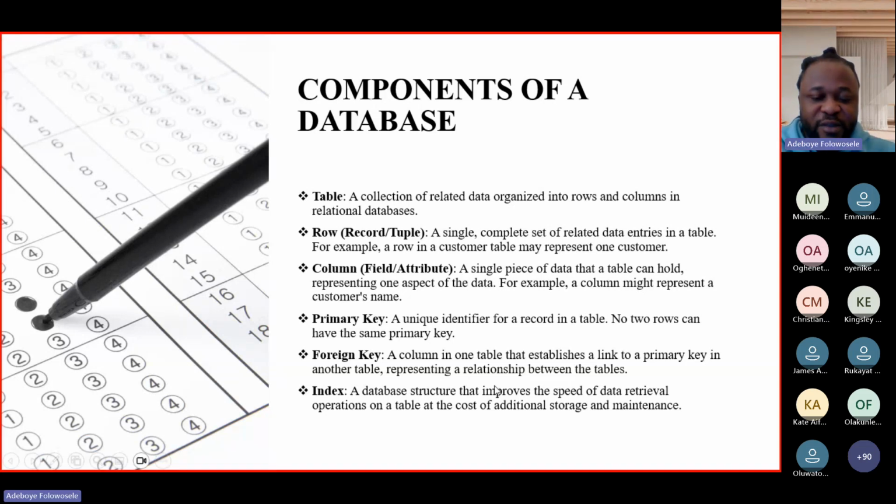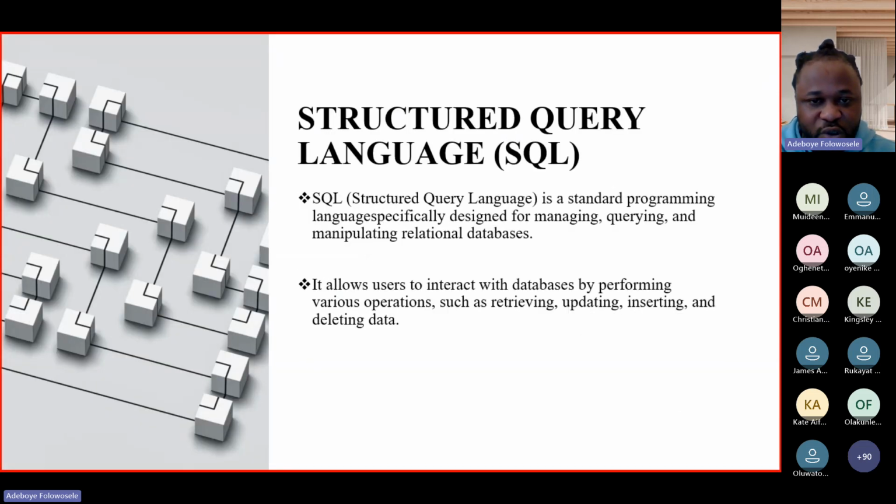Then also index, which is a database structure that improves the speed of data retrieval operations on a table at the cost of additional storage and maintenance. Then we talked about what is structured query language. I said it's just a language. It's a standard programming language specifically designed for managing, querying, and manipulating relational databases.